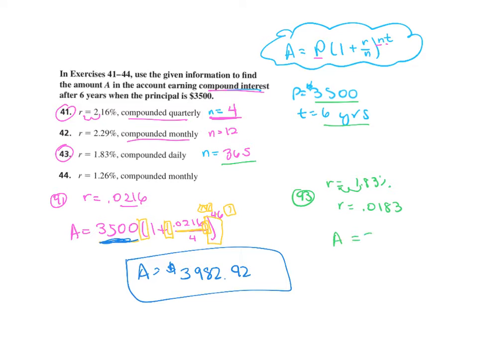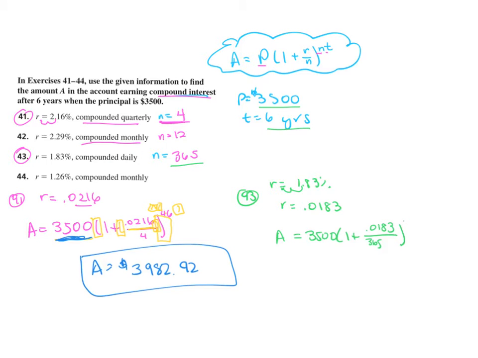So A equals 3,500 times 1 plus 0.0183 over n, which is 365, raised to the 365 times 6. And when you plug it into your calculator, you should get $3,906.18. So still close, right? I hope this helps you out.